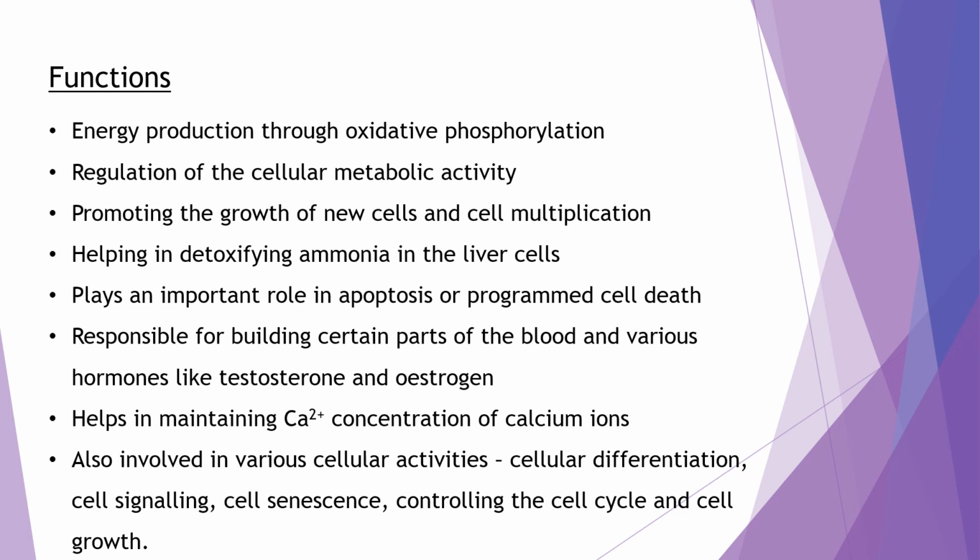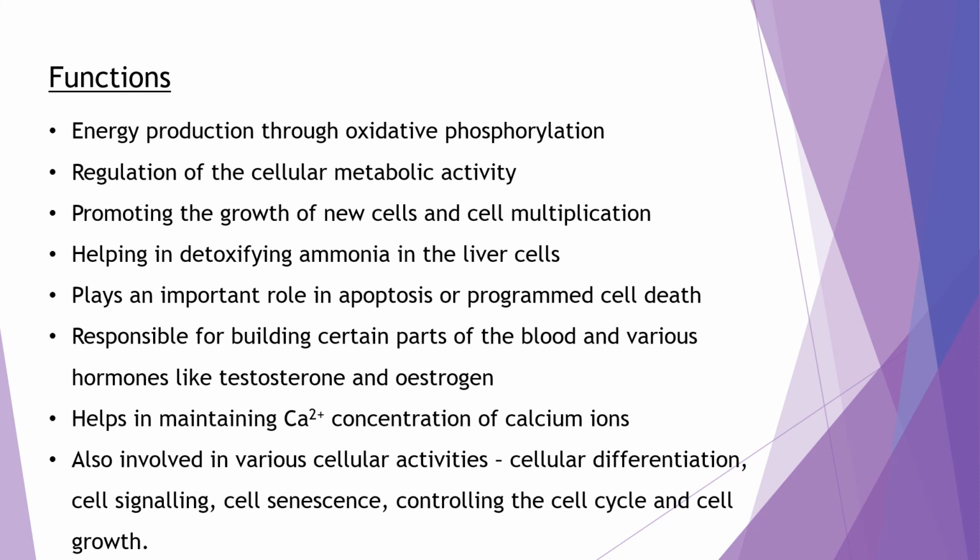Furthermore, mitochondria helps in detoxifying ammonia in the liver cells. Ammonia is an essential toxin that is commonly formed in animals. And you know that the liver is the organ where most of the detoxification processes occur.